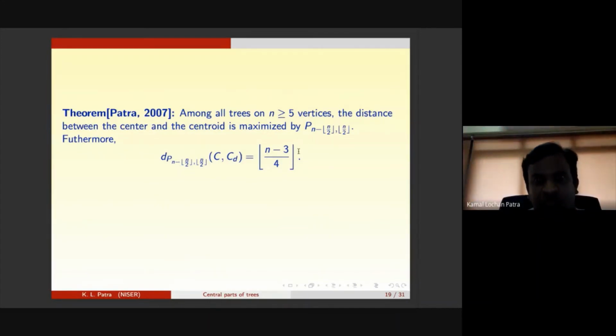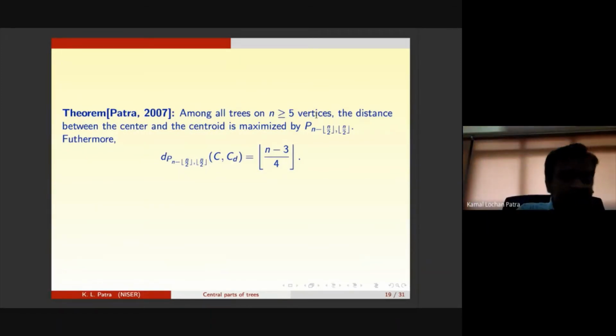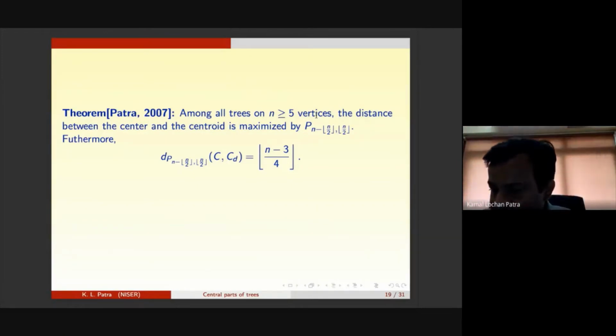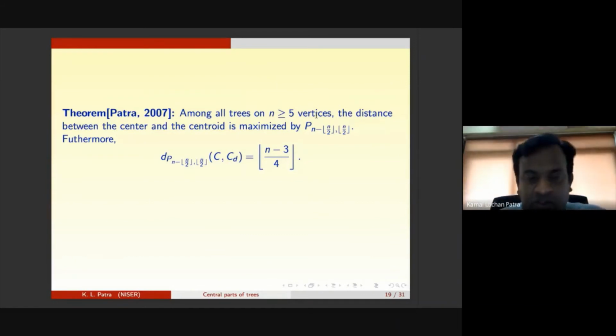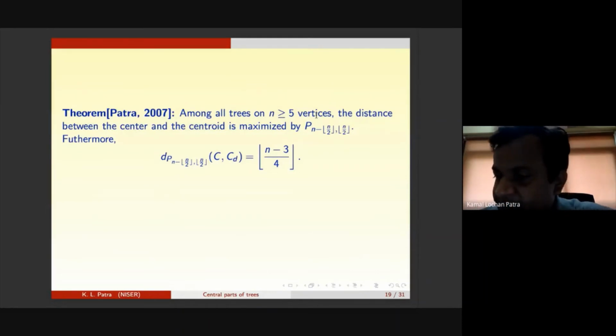Finding that value follows from the last two lemmas, but to prove that this tree actually maximizes the distance between center and centroid among all trees on n vertices, it has two steps. We first prove that among all trees on n vertices, the distance is maximized by a path star tree for some g.